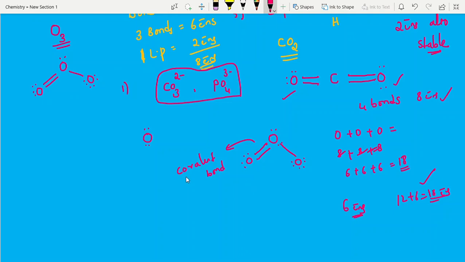Okay. I will also explain what a coordinate covalent bond is. A covalent bond is nothing but mutually sharing electrons. A coordinate covalent bond is a special type of covalent bond.